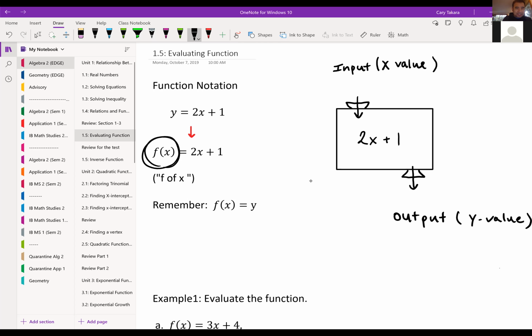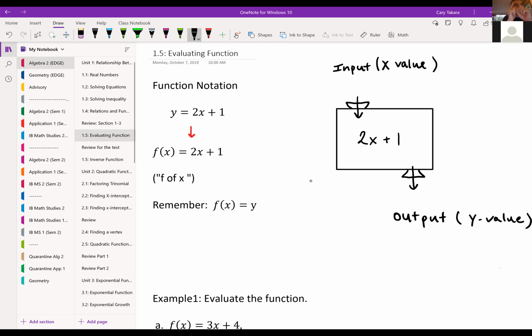f of x, or it doesn't need to always be f. It could be g of x. Have you seen something like this before? Those are called function notation, and essentially it's just a different way of writing. Before, when you wrote an equation, you always had the two variables, x and y.